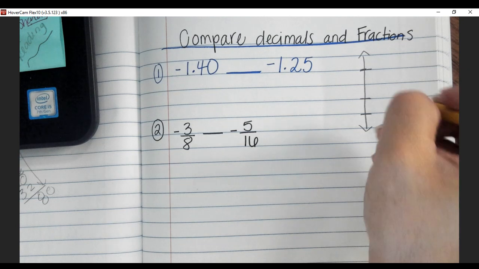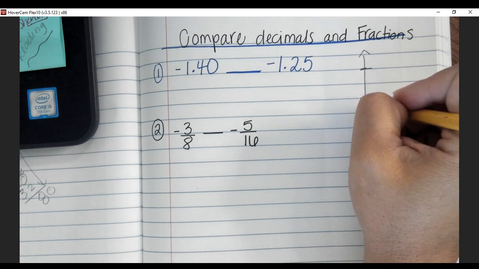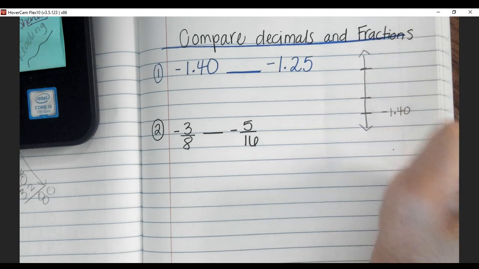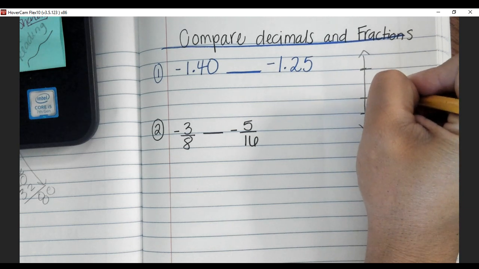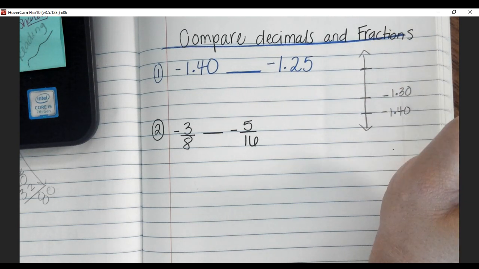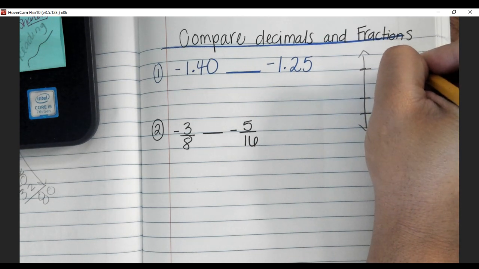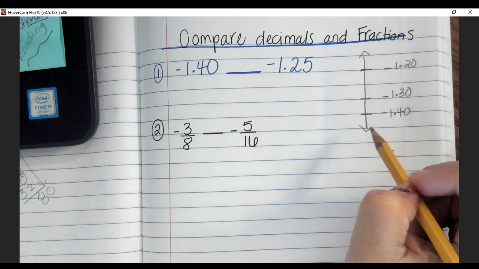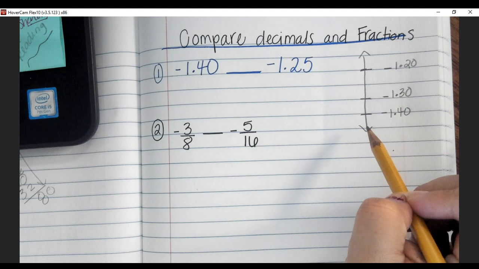So I have a negative 1.4 here, negative 1.30, and then here I have negative 1.20.